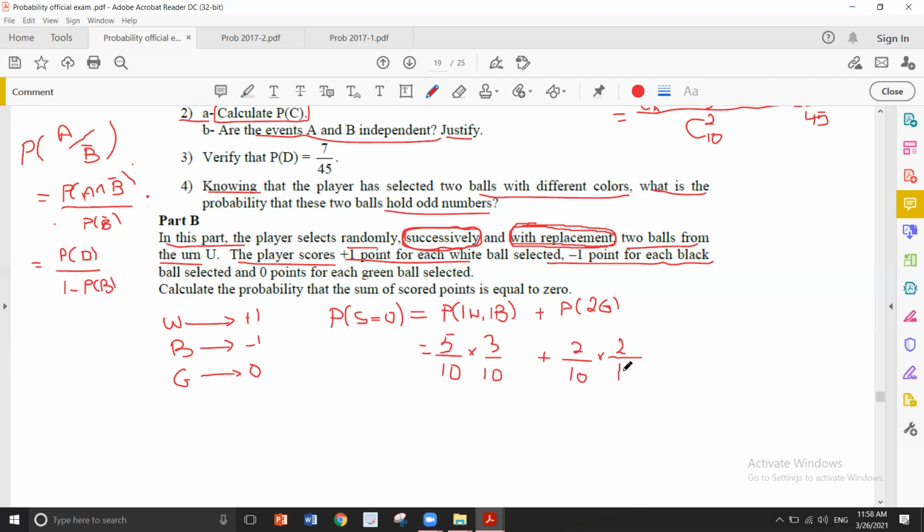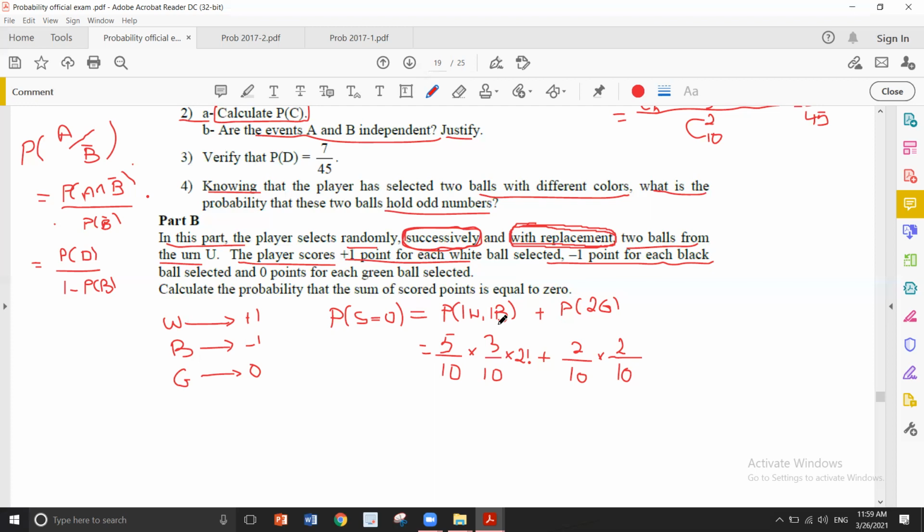Is there a mistake? Not a mistake, but there is something we need to add: times 2 factorial. Where? Here, because we were not given an order. White then black or black then white, successively, I can choose black white or white black. So with successive selection you have to multiply by the number of permutations.